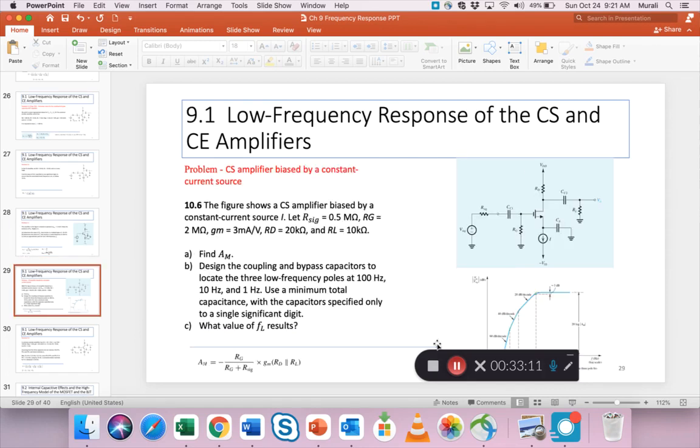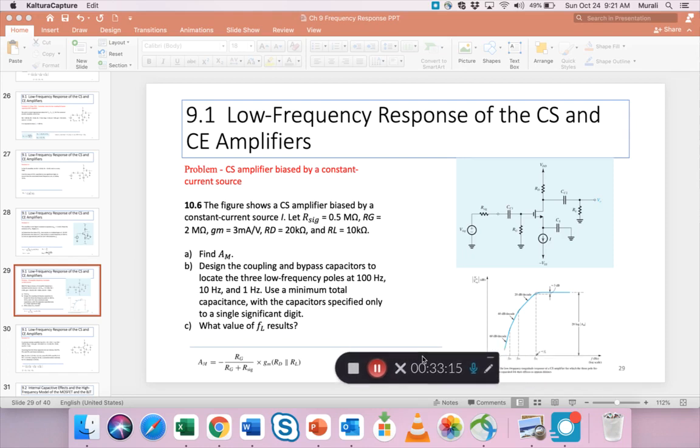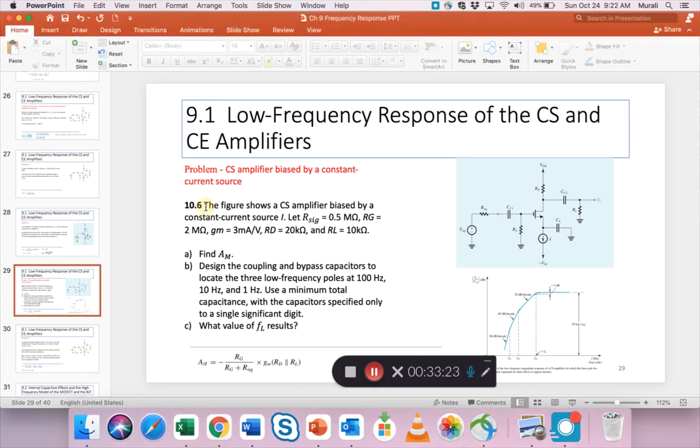Okay. This third problem on CS amplifiers, frequency response, may be slightly more complicated. So let's see what it says. The amplifier shown is a CS amplifier with a constant current source I. Now there is R signal here, there is RG, RL, everything is given, right?